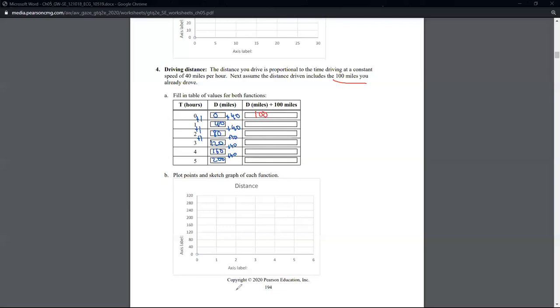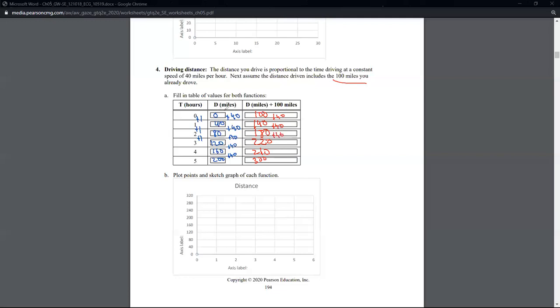We've already got that on the clock. That's the fixed amount that was already on the trip before we hit reset. Now when our trip reads 40, that means we've really gone 140 miles. When it reads 80, we've really gone 180 miles. When it reads 120, 3 hours into hitting reset on the trip, we've really gone 220 miles. Then 260, then 300 as you keep just adding 40 over and over and over.